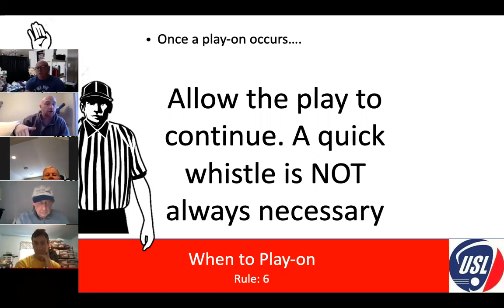Know the level you're officiating. We've already talked about that. Sometimes it's necessary with younger kids, but with older kids, high school, a quick whistle is not always necessary. Let the play develop for 2 seconds to see what happens.